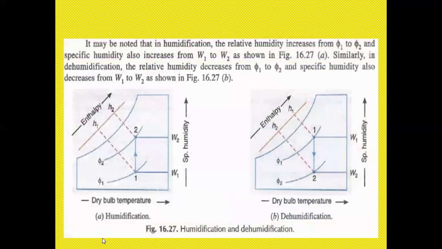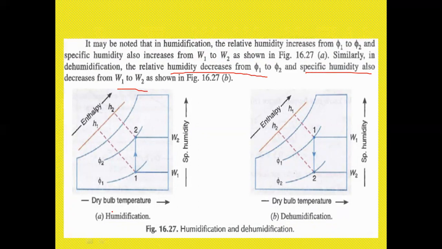From the given data, it may be noted that in humidification, the relative humidity increases from phi1 to phi2 and specific humidity increases from W1 to W2. Therefore, in the dehumidification process, the relative humidity decreases from phi1 to phi2 and specific humidity also decreases from W1 to W2.